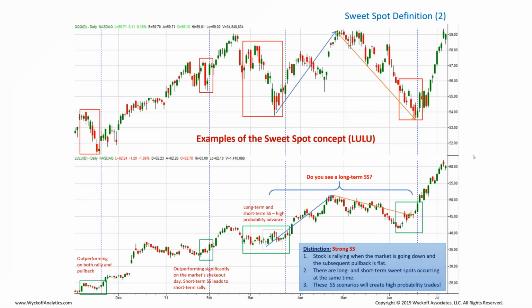So this idea of the sweet spot was added to the knowledge probably like 7 years ago. And a lot of the students decided that they like this concept and they want to test it.